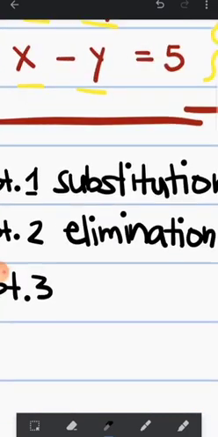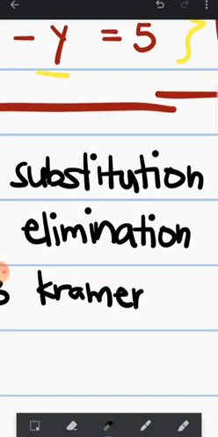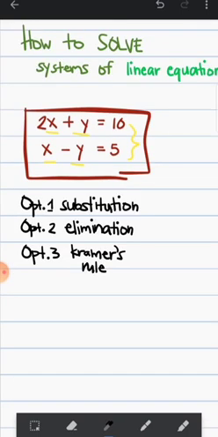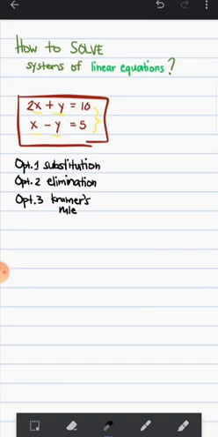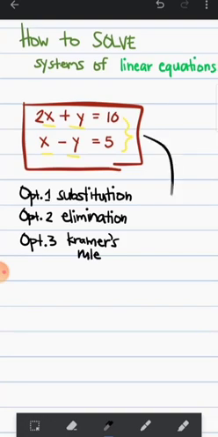And option 3 is Cramer's rule, or the use of matrices to solve for the unknown values. For 3 equations and 3 unknowns, it would be a 3 by 3 matrix. For 2 variables, it would be a 2 by 2 matrix.